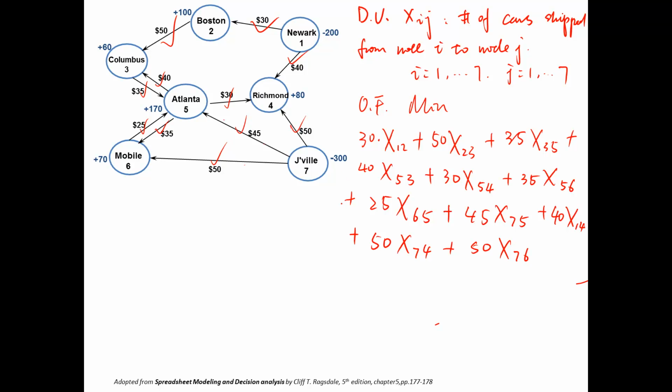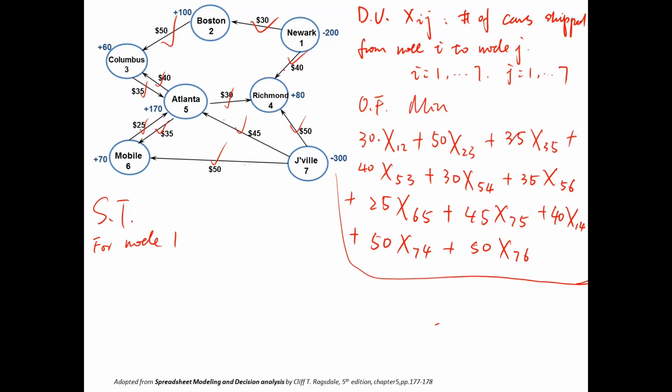Okay, so that's the objective function. Then let's look at the constraints. We briefly talked about the constraints just now, and we'll start from the supply node first. So for node 1, we know there is a supply of 200 cars. So what we ship out should not exceed what we have, right?